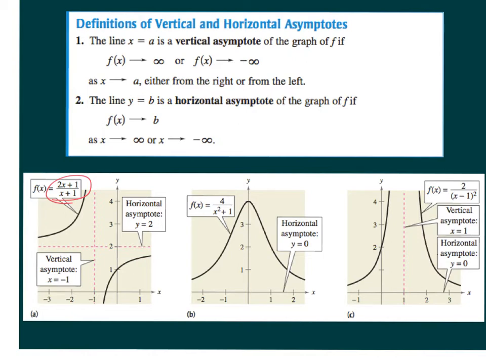So what can it not be? Negative 1, there we go. So x cannot equal negative 1. So that's where I have a vertical asymptote, at x equals negative 1, because it's not part of my domain. So now, if I talk about horizontal asymptotes, what do I need to look for?